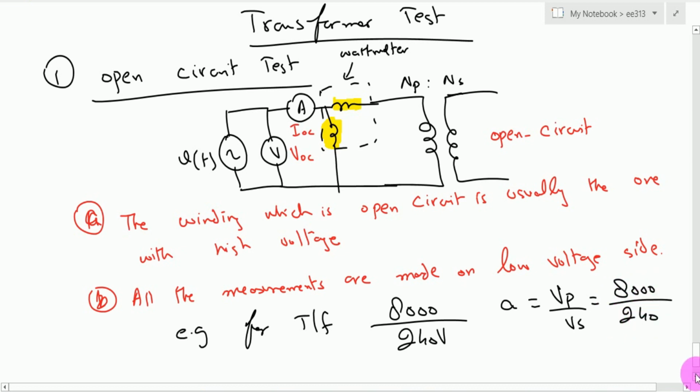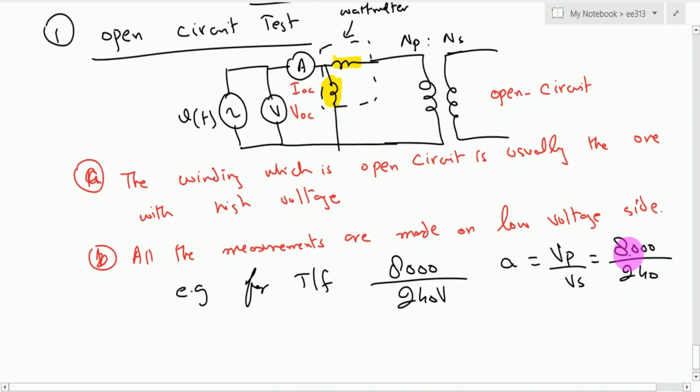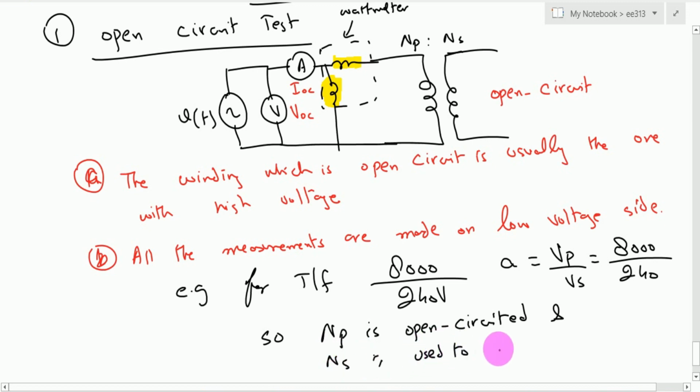So we will select that the primary winding Np is open circuited, and this Ns is used to measure the voltage, current, and the power, right?